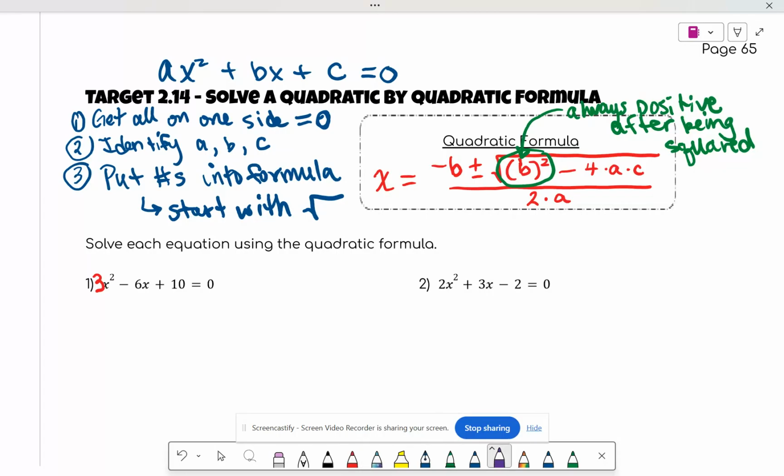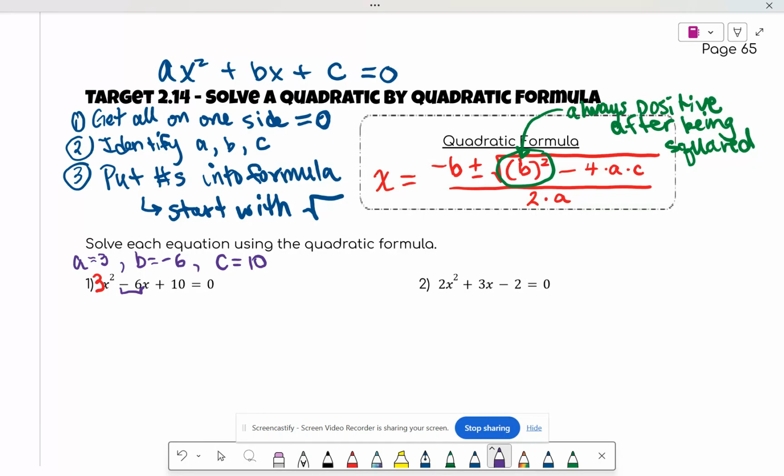So everything is on one side equal to 0. So now I'm going to identify a, b, and c. So a is the number in front of the x squared. B is the number in front of the x, and that includes that negative sign, so negative 6. And c is the constant, which is a positive 10.